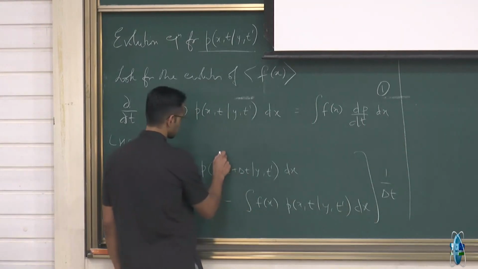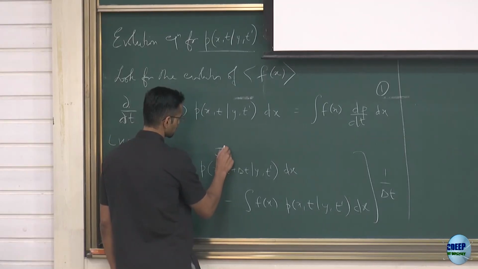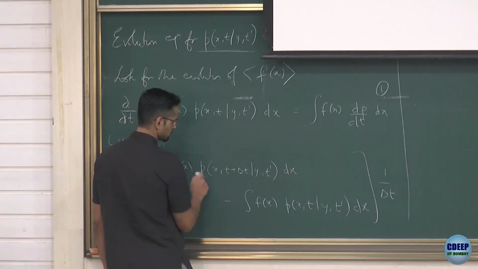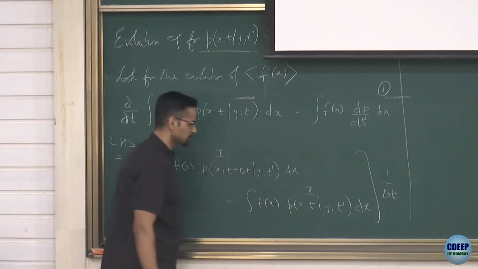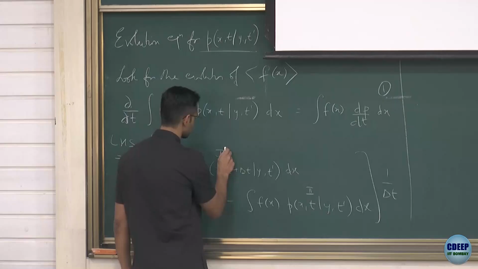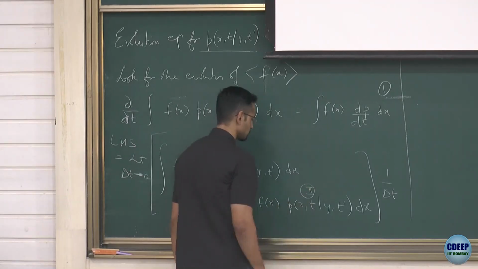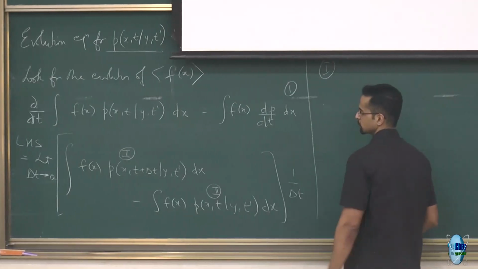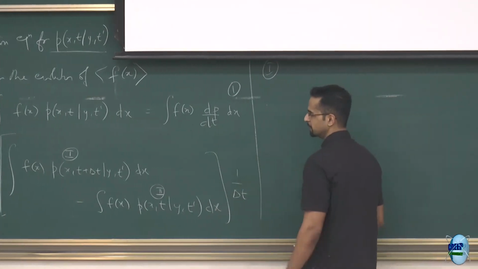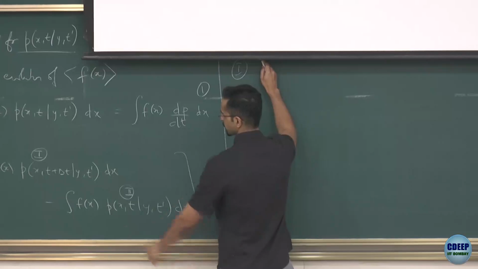So I'll call this, so let's say this is term 1, this is term 2. So what happens to 1? So the 1 by delta t, limit delta t and so on is there, right? Let's just look at the integral.